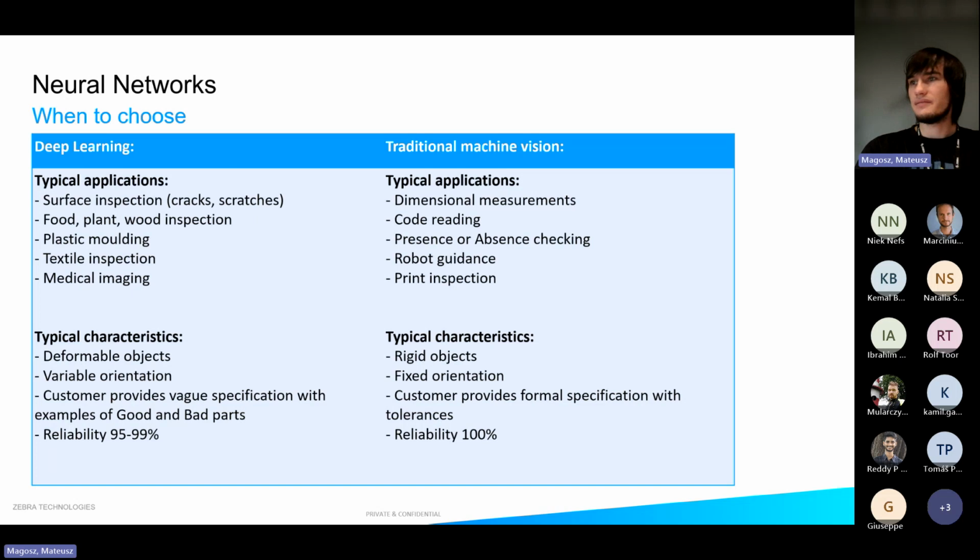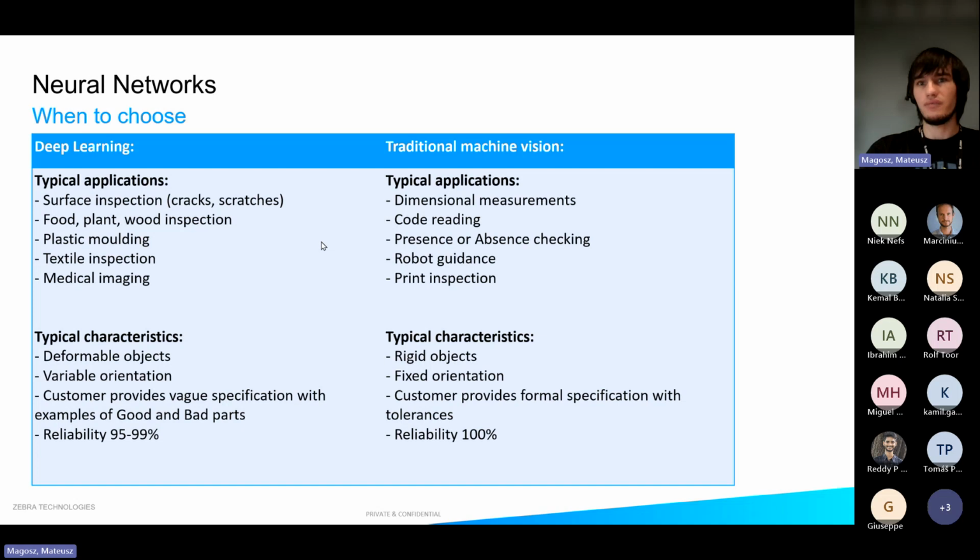Yeah, that's basically if you need some kind of measurements. So if you need to measure something, usually traditional machine vision is the way to go. Some simple counting problems, also traditional machine vision, like working with blobs, should work in most cases.